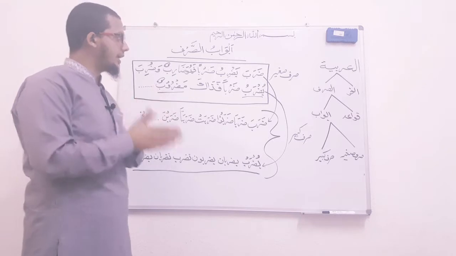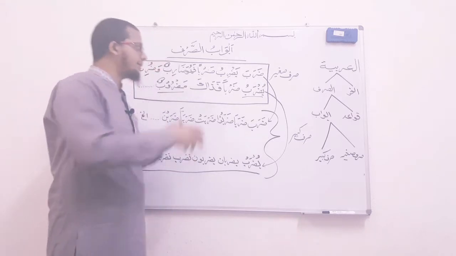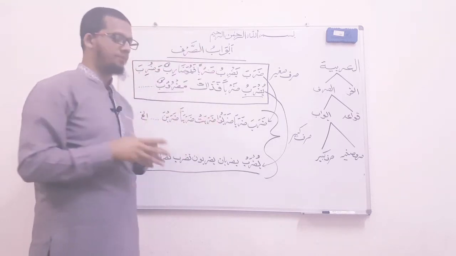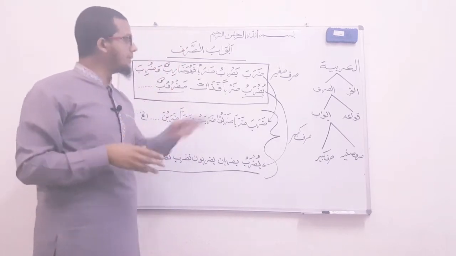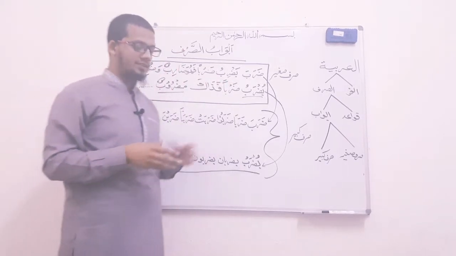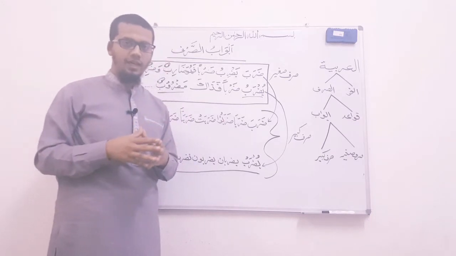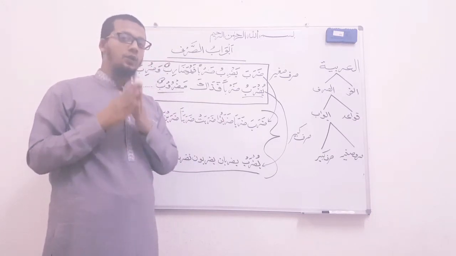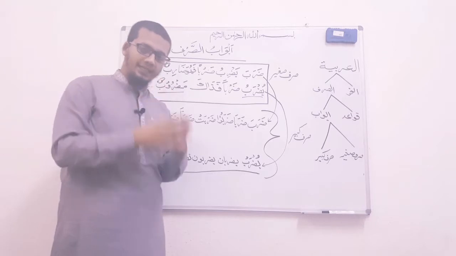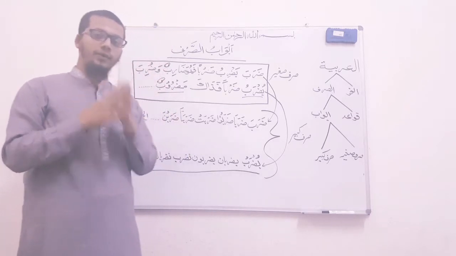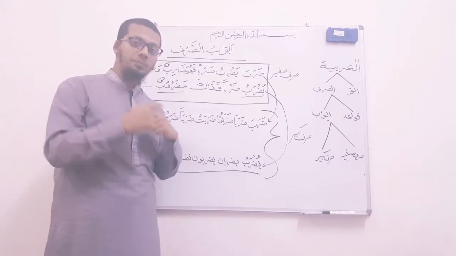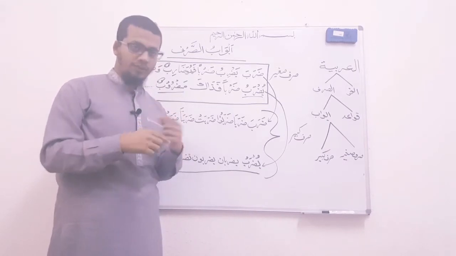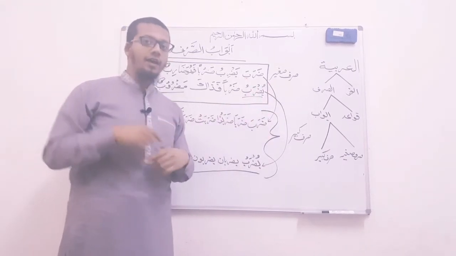And now we come to the part of what is the benefit of having all this. The required thing from us is that we memorize all these Sarf Kabir and Sarf Saghir by heart, and we practice them, and we make ourselves able to repeat these Sarf Kabir and Sarf Saghir really fast.